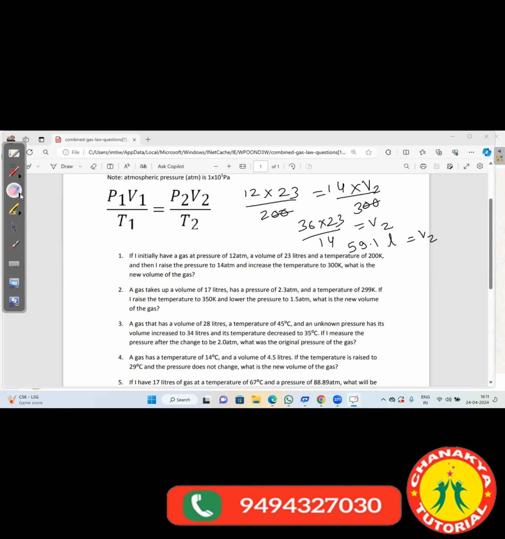Yeah, Jaswant and Shashi, try to find out the second question. It's the same thing with a similar formula.